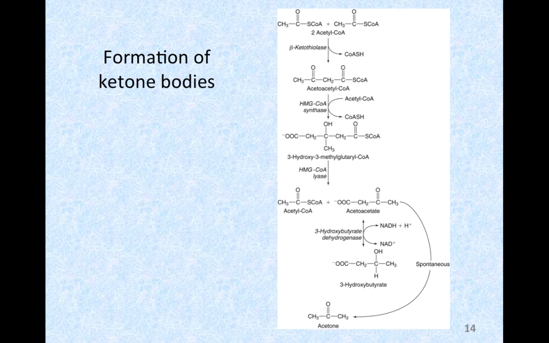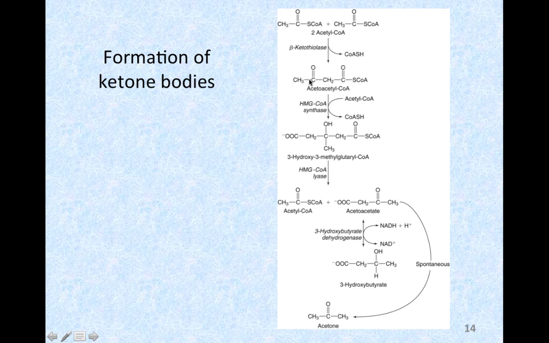So here's how the ketone bodies are formed. Here's two acetyl-CoA molecules. They're combined by beta-ketothiolase. So essentially one of these coenzyme A molecules comes off, it's separated, and two of these acetyl-CoA molecules combine. That forms acetoacetyl-CoA, so we still have a CoA.